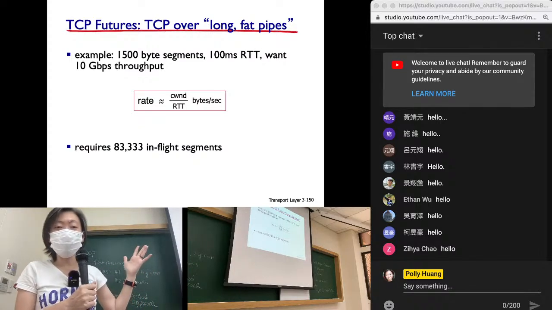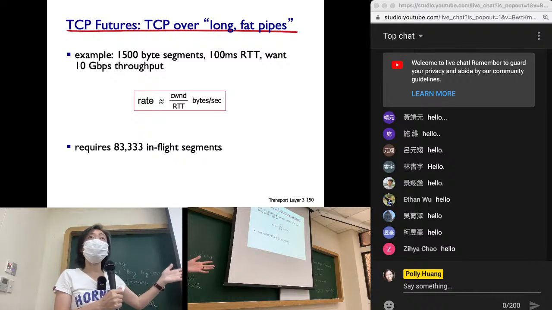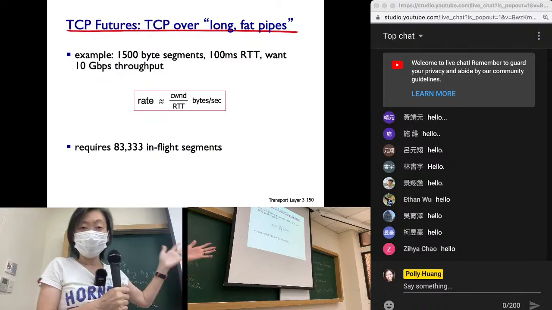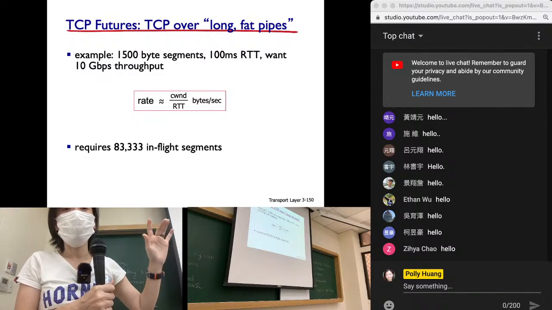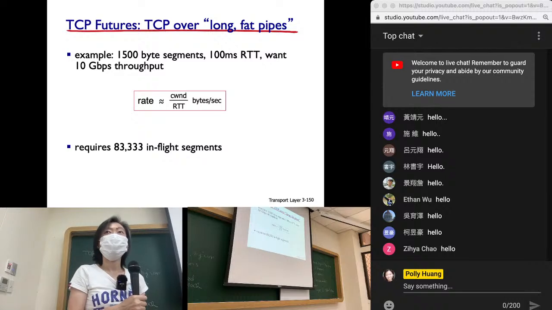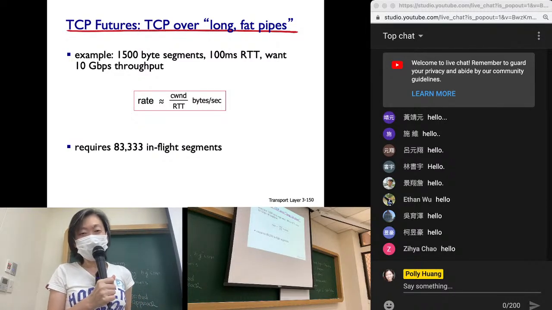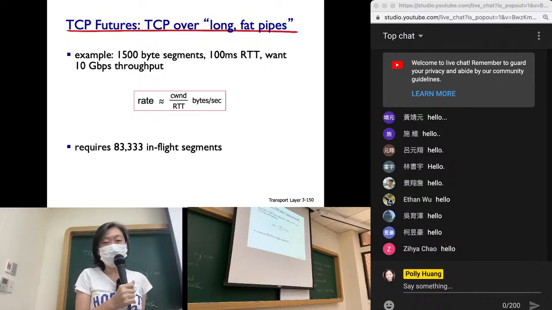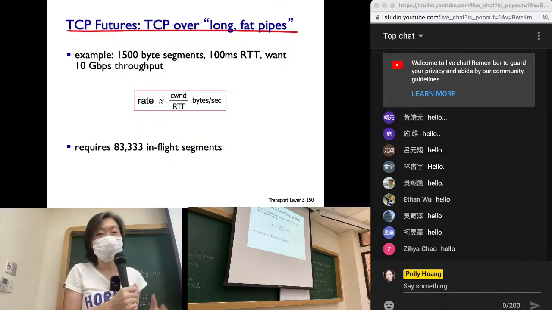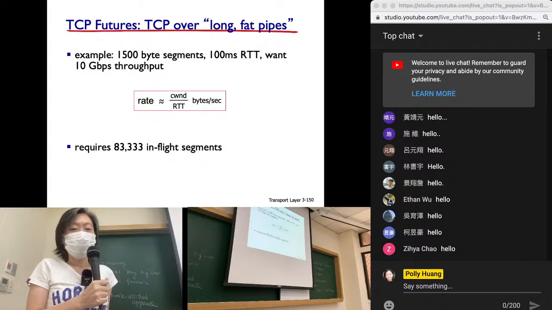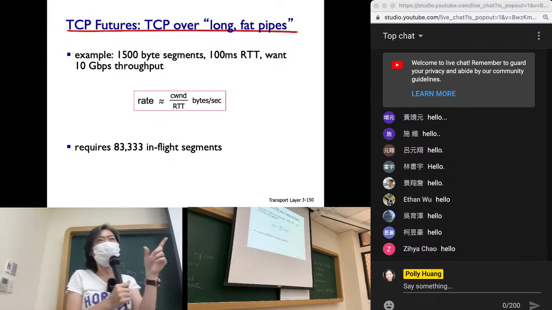So 83,333 packets can be in flight, meaning the sender needs to have enough buffer space to keep 83,333 packets of 1,500 bytes long. How much memory is that? Well, a lot. 125 megabytes, in fact, at least. Wow, just to keep a TCP connection? That much memory?